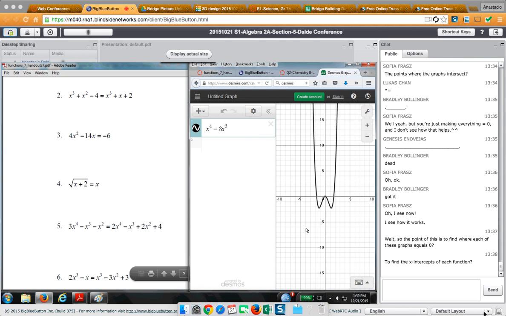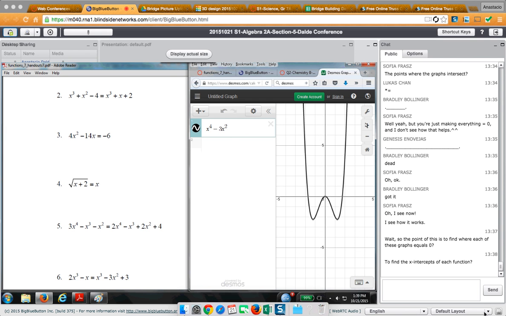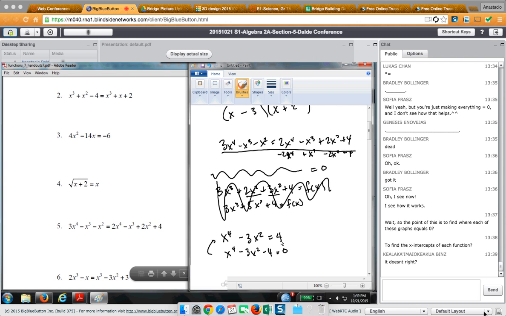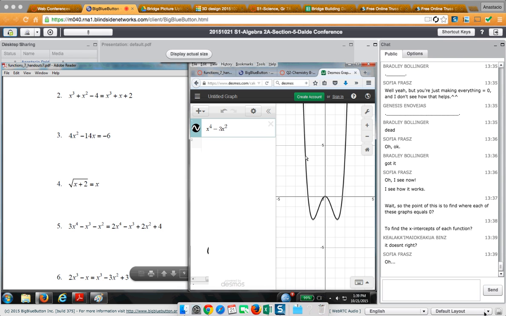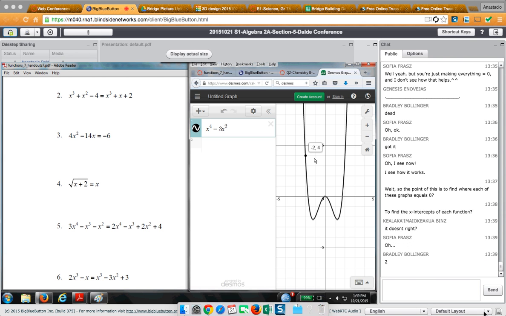So the question I ask is, instead of saying when does this equal 0, when does this equal 4? Because I didn't finish putting everything over to one side. Well, it does. Look, right here at negative 2 comma 4 and also at positive 2 comma 4.